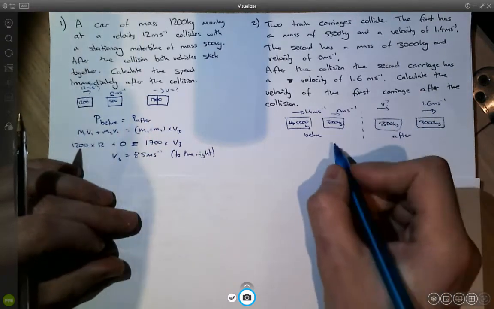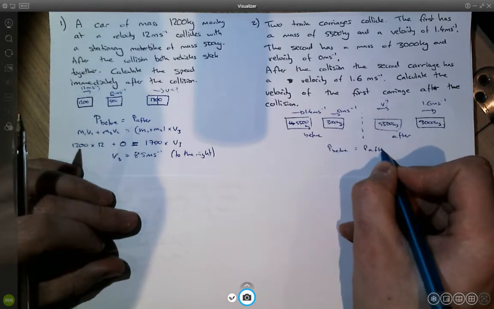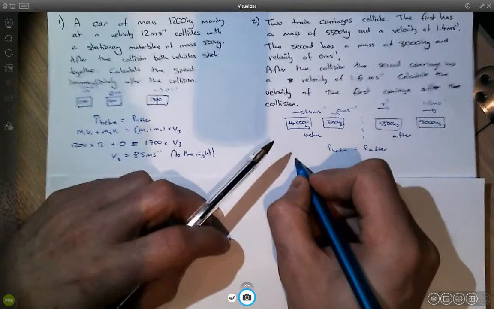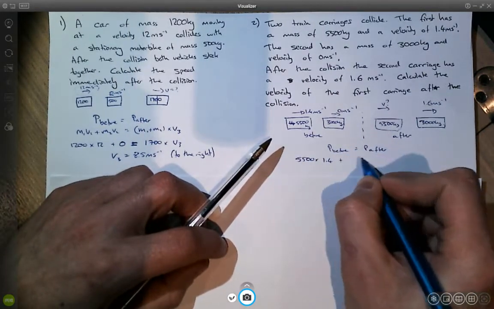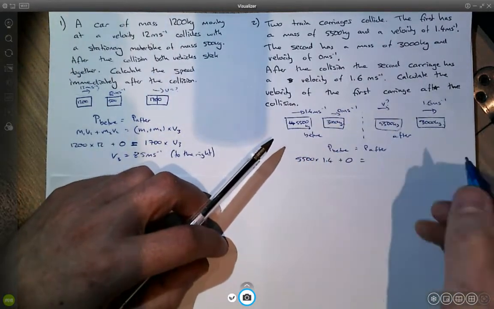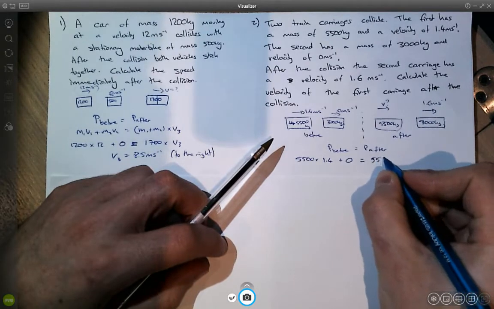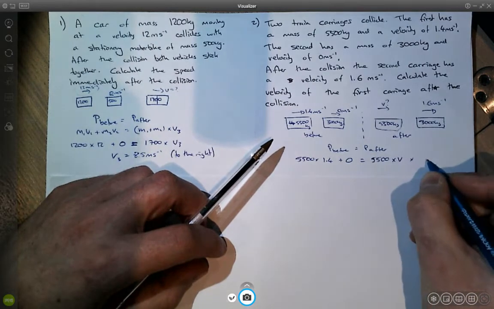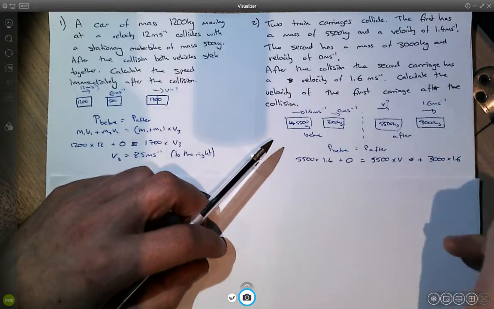So the momentum before is going to be equal to the momentum after. That's conservation of momentum. So the mass 1 times velocity 1 plus the mass 2 times velocity 2, well, that's 0 because this is stationary. It's going to be equal to the mass of the first one times its velocity plus 3,000 times 1.6.